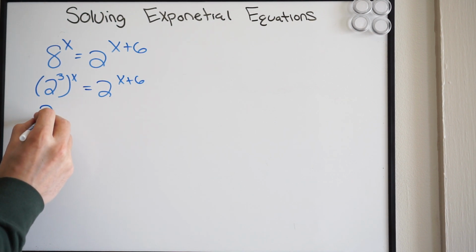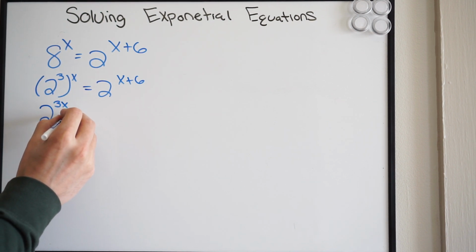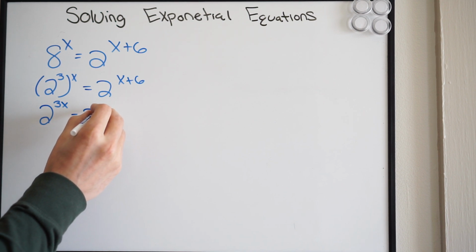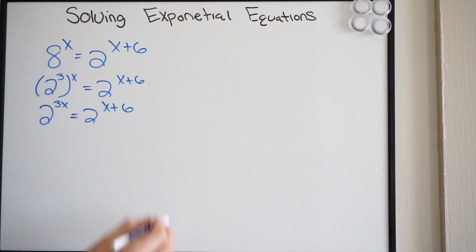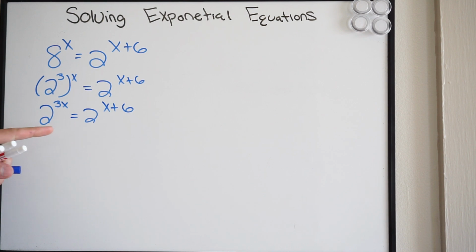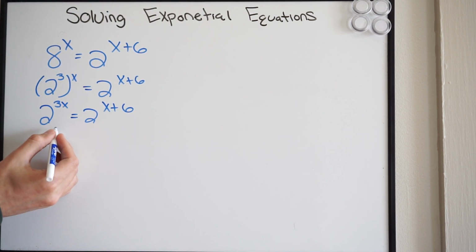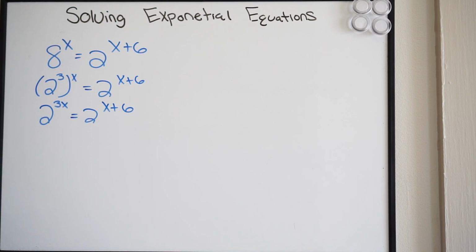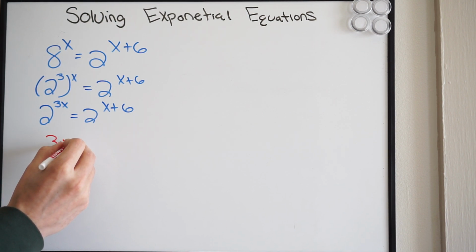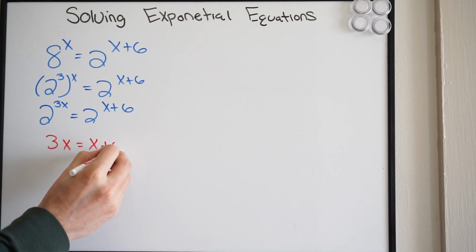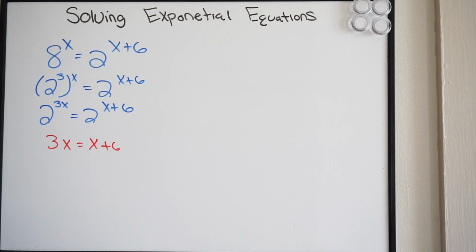I'm going to rewrite this as 2 to the 3x equals 2 to the x plus 6. Notice on both sides of the equation, my base is the same, meaning I can cancel both my bases out. In this case, it will be 2. And what I'm left with will be 3x equals x plus 6, and you can solve from there.